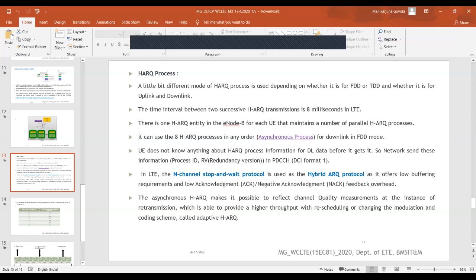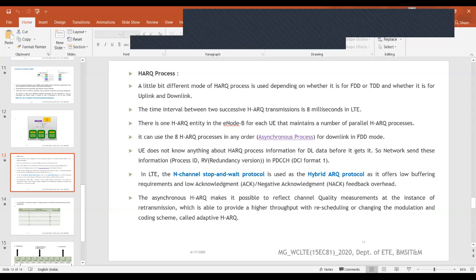But for synchronous, which is used in TDD, it requires a specific order. As I said, we use N channel stop and wait protocol as the hybrid ARQ protocol because it offers a low buffering requirement and a low acknowledgement or negative acknowledgement feedback overhead.